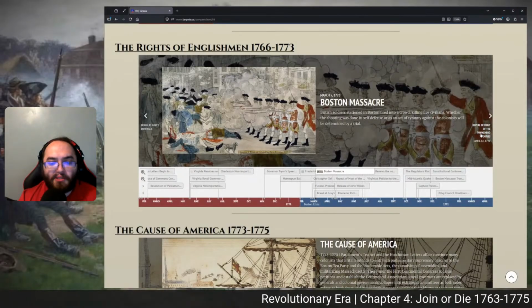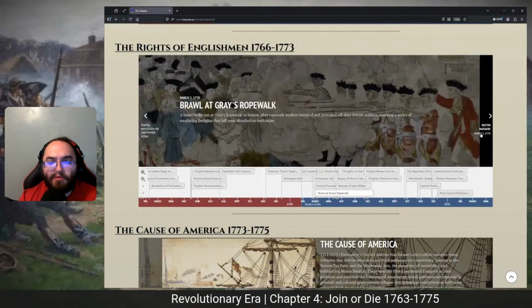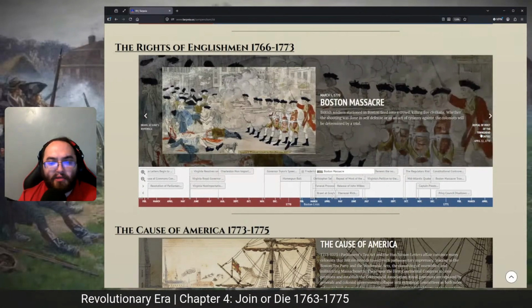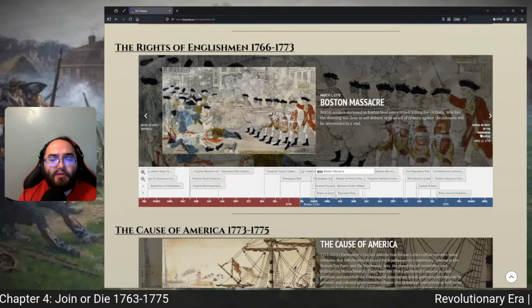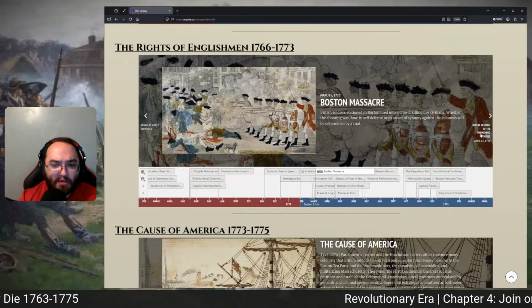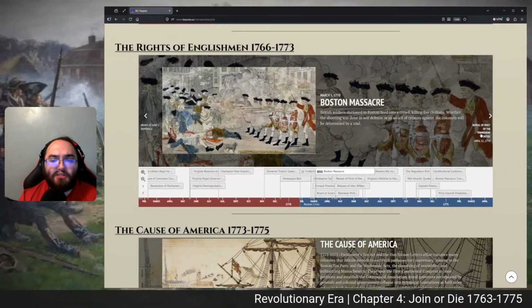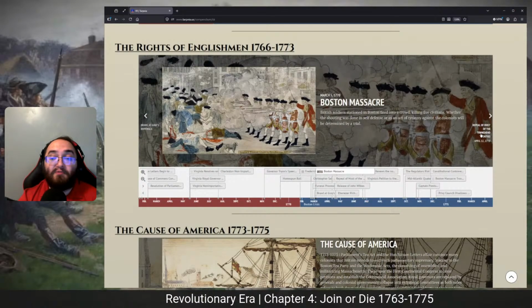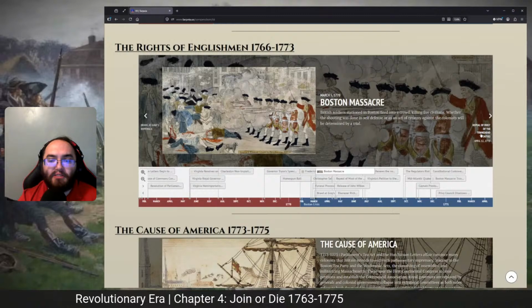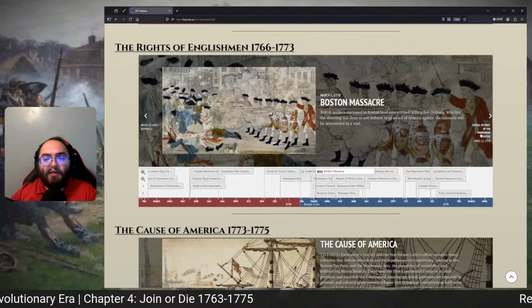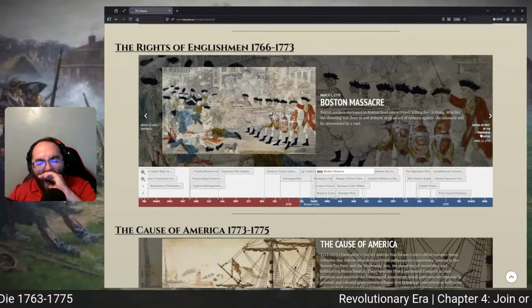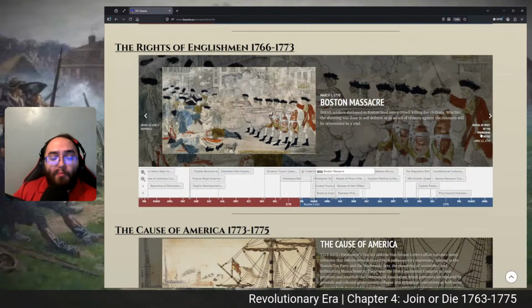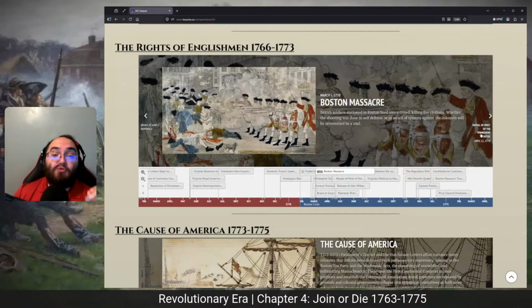And following this brawl, so that brawl was March 2nd, and then on March 5th, 1770, you have the Boston Massacre, where British soldiers stationed in Boston fired into a crowd, killing 5 civilians. Whether the shooting was done in self-defense or as an act of tyranny against the colonists will be determined by a trial.